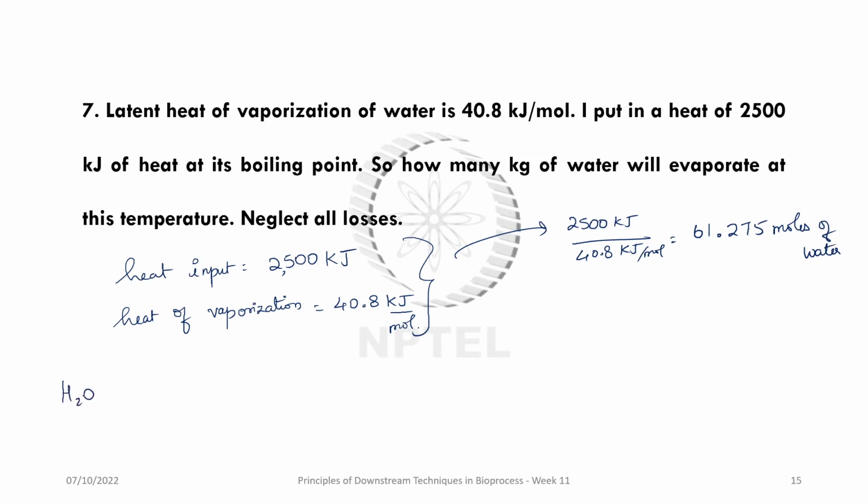And water is 18 gram per mole. Right? 1 mole of water is 18 grams. So if I multiply this with this, what can I get? I can convert water in terms of grams, right?